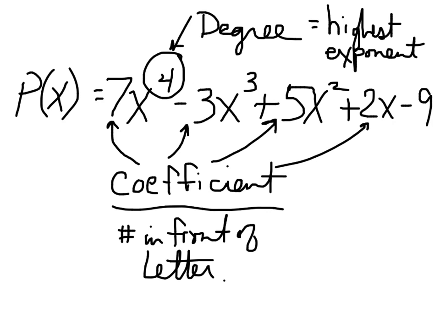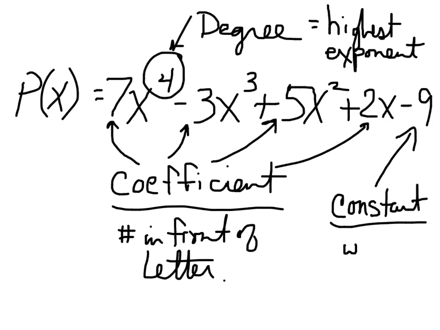Why isn't the negative 9 a coefficient? Doesn't have a variable. Right, doesn't have a letter. Exactly. The ones that don't have letters are known as a constant, without a letter.